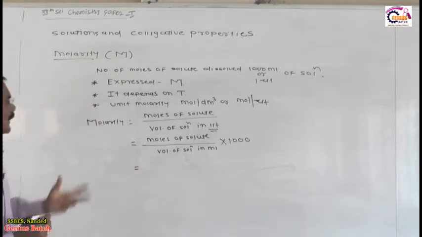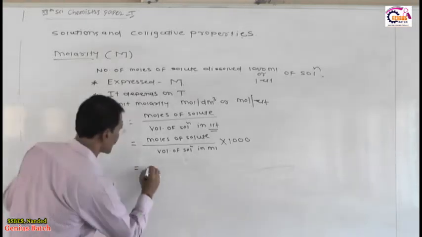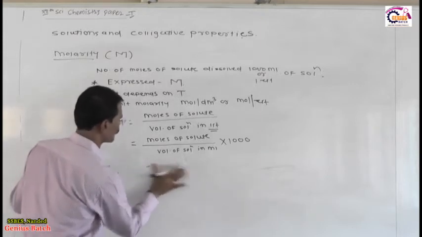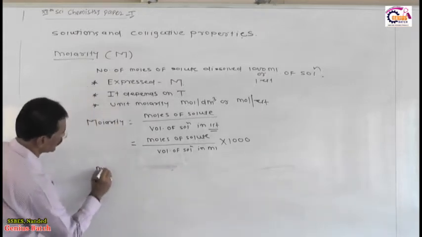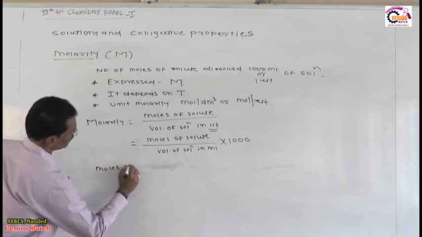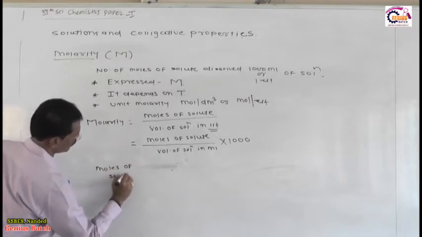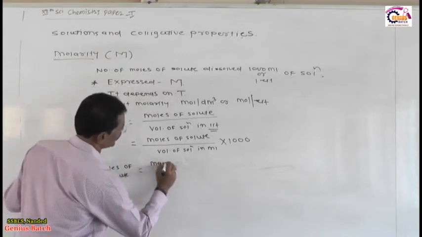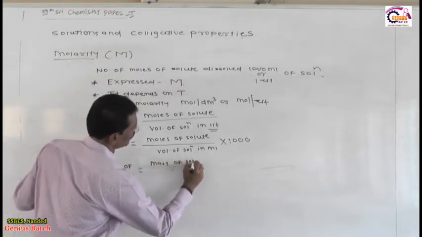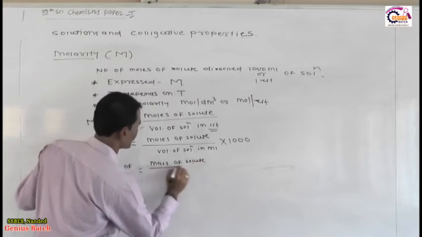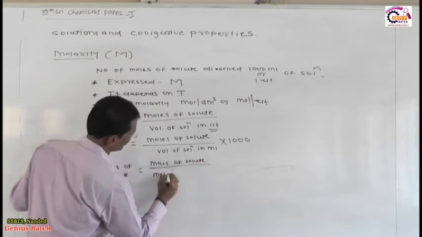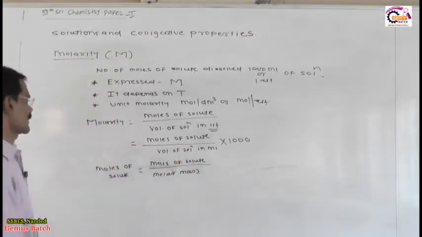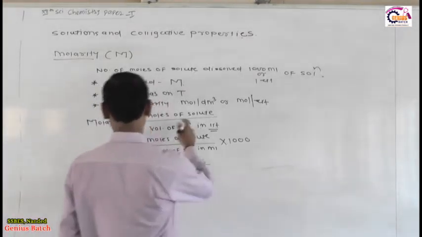Now, you know very well how to calculate the moles of solute: moles of solute is equal to the mass of solute divided by the molar mass of solute. Put this value inside the formula.